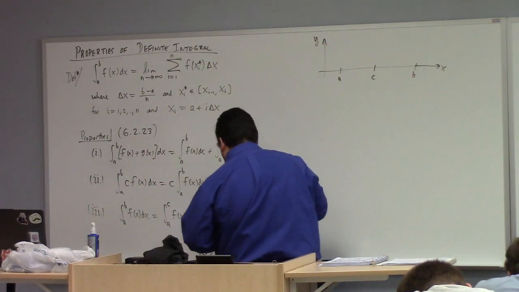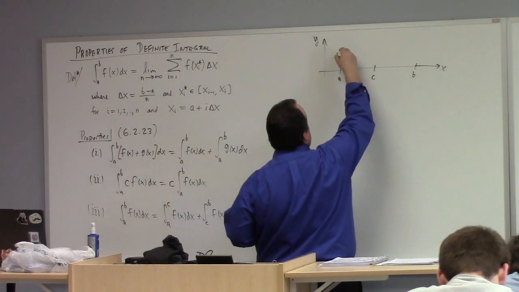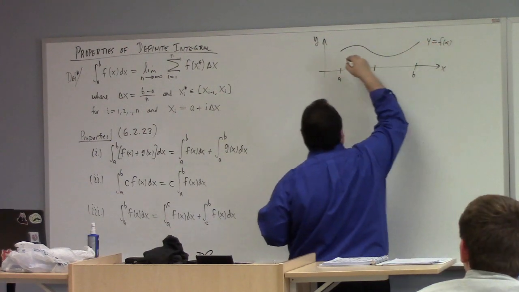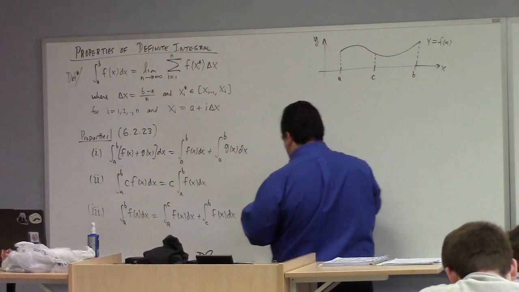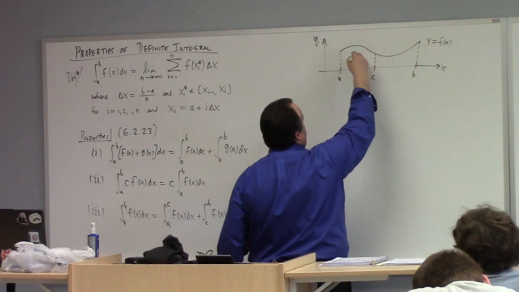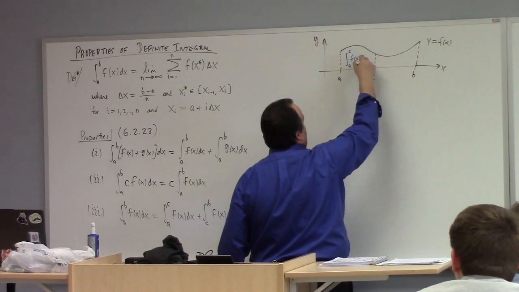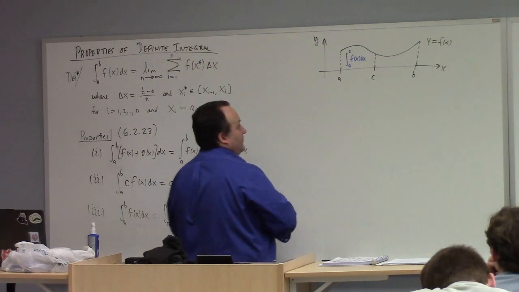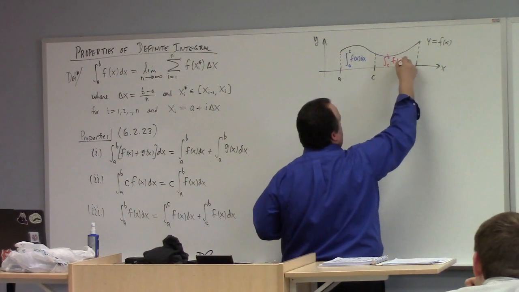And if you've got your function like this, let's say, whatever, then if we look at the area, so like this part would be the integral from a to c of f of x dx, right? And this part over here would be what? The integral from c to b of f of x dx. Yeah?